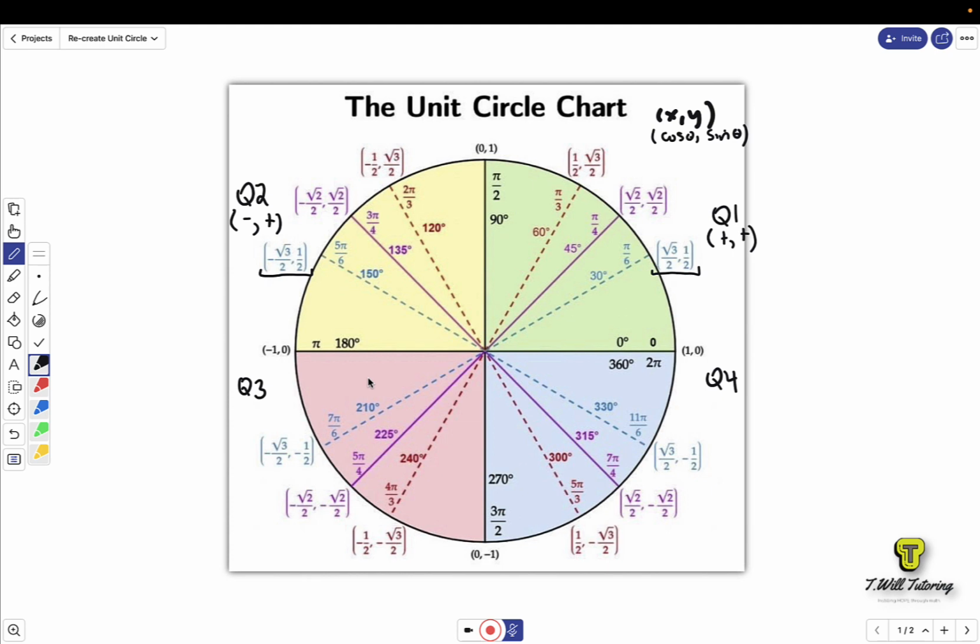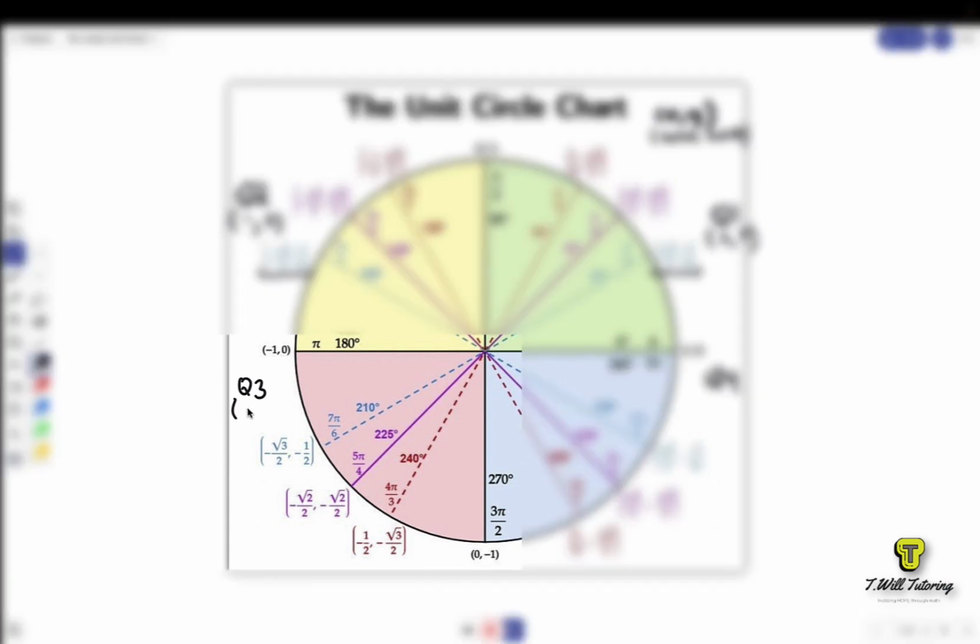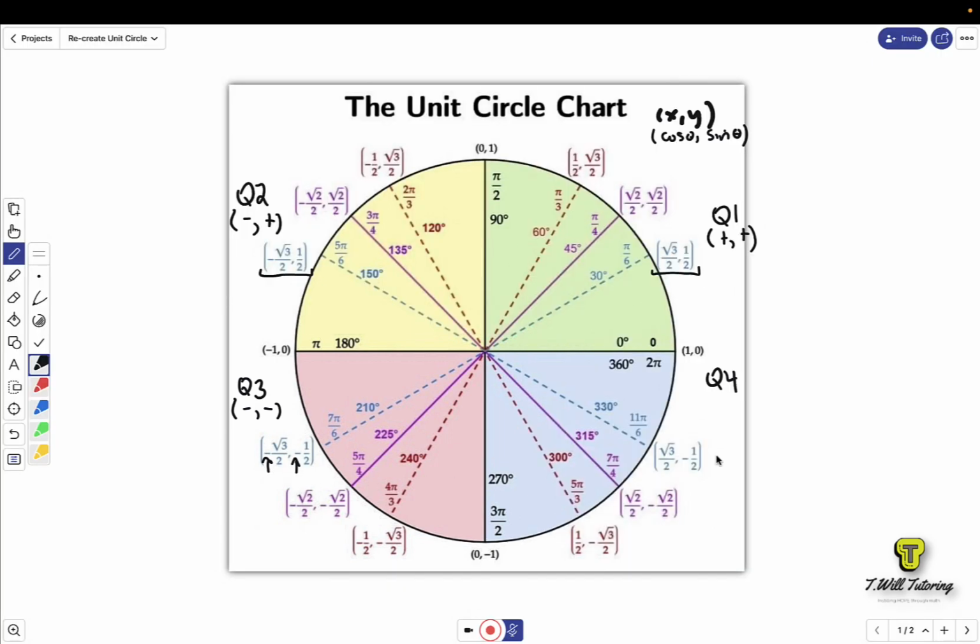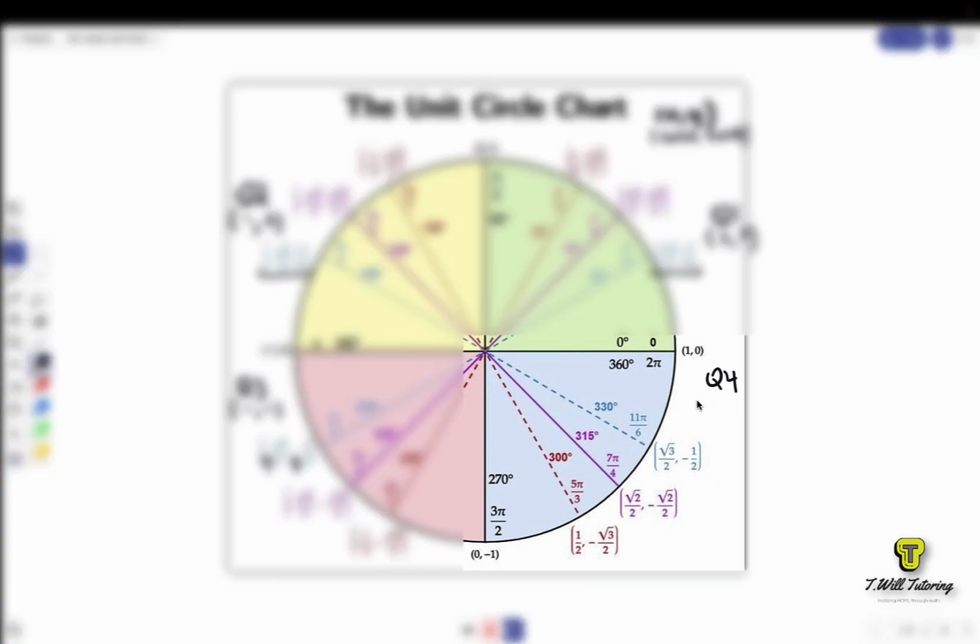All right, so similar for quadrant 3. If we look at quadrant 3, we notice that the x value and the y value are negative. Looking at those sign changes, both are negative. And then in quadrant 4, x is positive, but the y is negative.